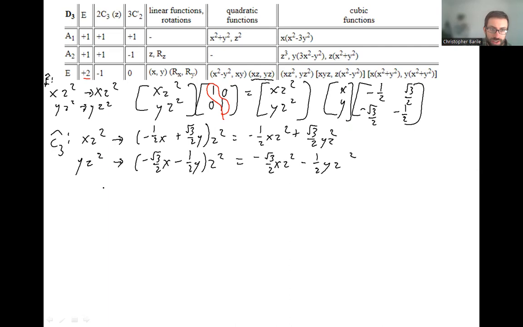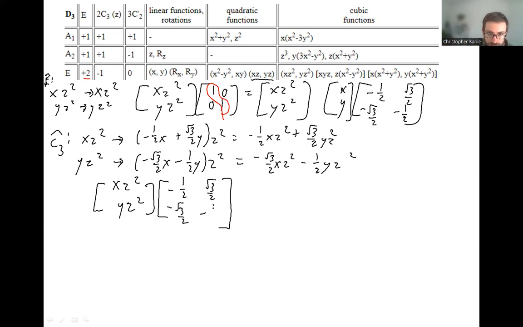And now we can write our transformation matrix for this operation: xz squared, yz squared times a 2x2 matrix, -1/2 with these coefficients that we figured out, -√3/2 and -1/2. You can see we have the same trace of the matrix, -1/2 plus -1/2, giving us the -1.